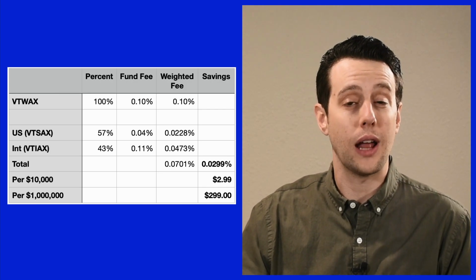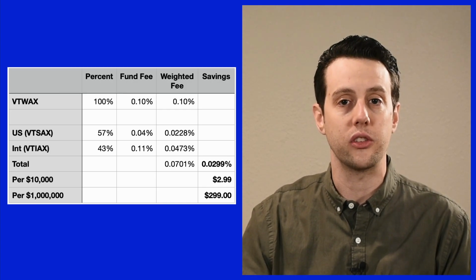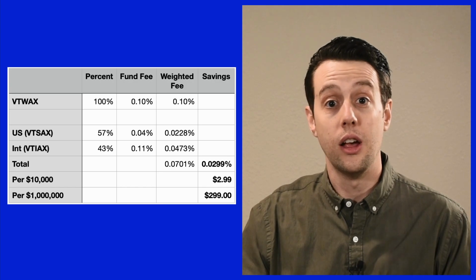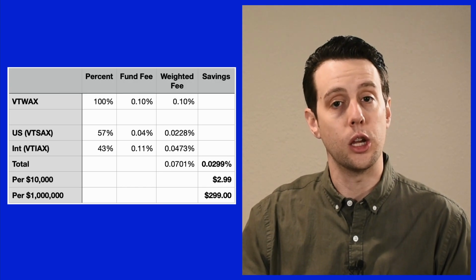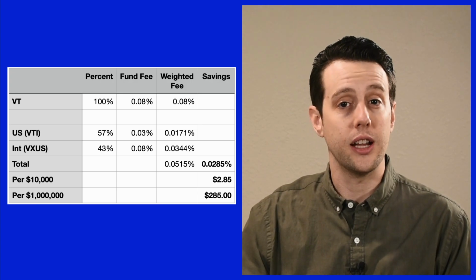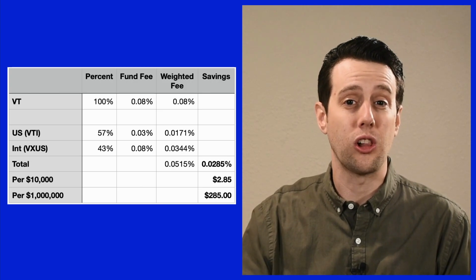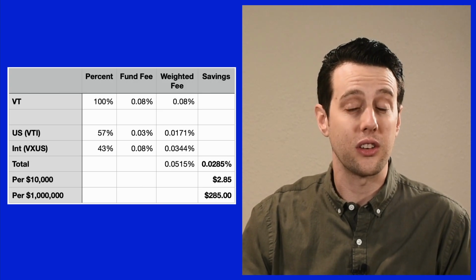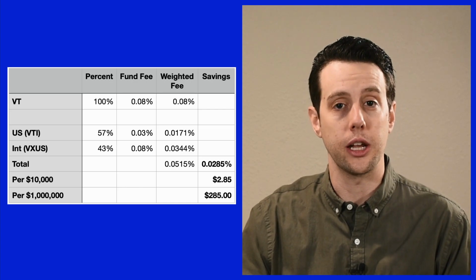This is about $2.99 for every $10,000 you have invested. For $1 million, this would be $299 per year in fees that you would save. For the ETF versions of these funds, the yearly savings is almost identical at $2.85 for every $10,000 or $285 for every million.